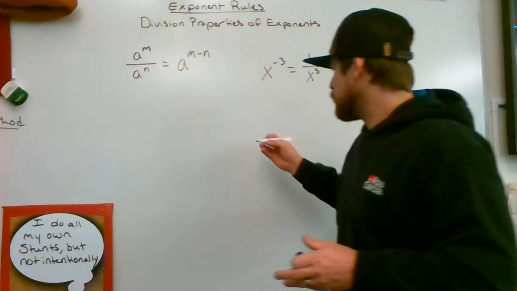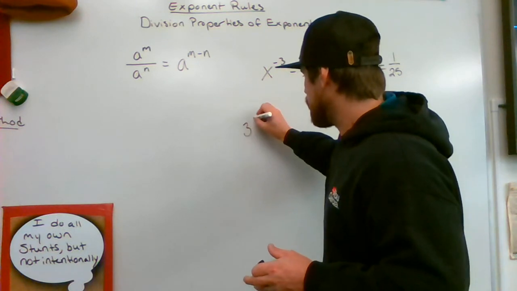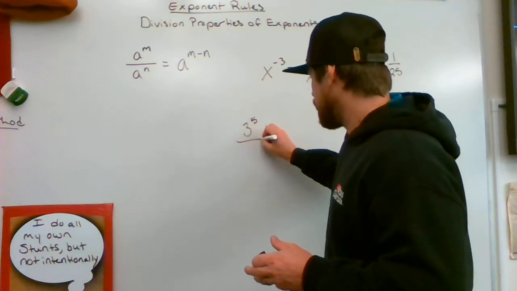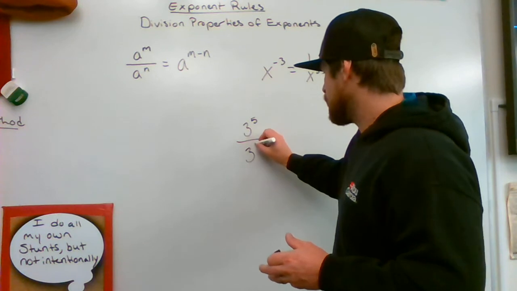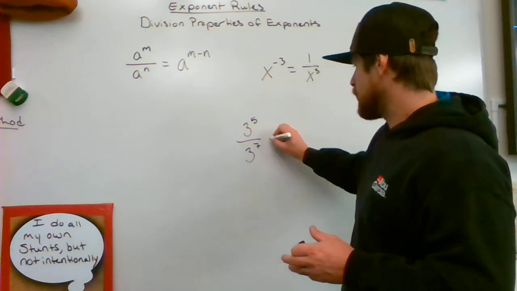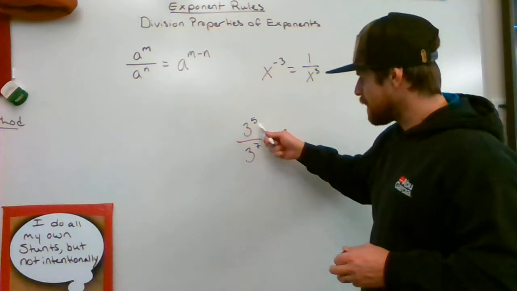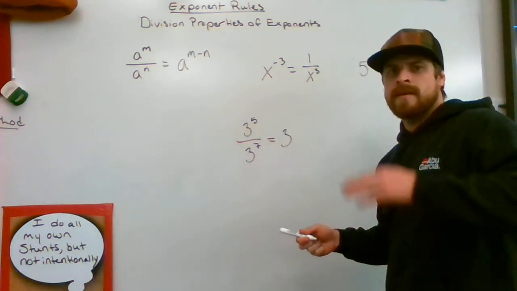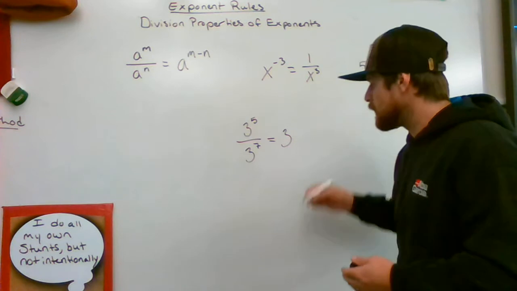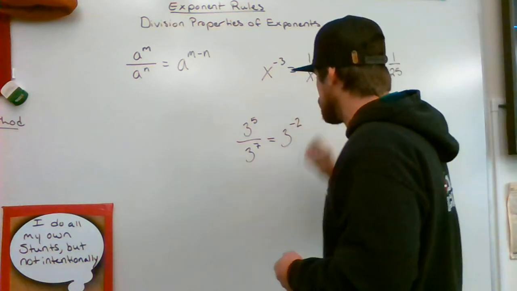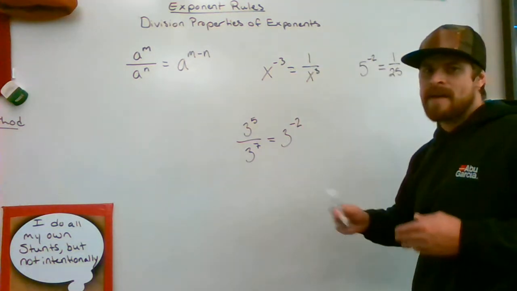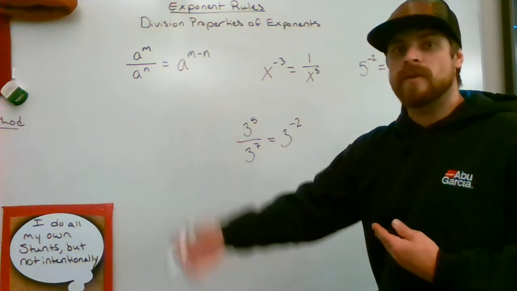So if I were to give you 3 to the 5th divided by 3 to the 7th, I'm going to get 3 to the 5 minus 7. Taking away 7 from a 5 is giving me a negative value. I get negative 2. I can't have a negative exponent. I have to keep moving forward.